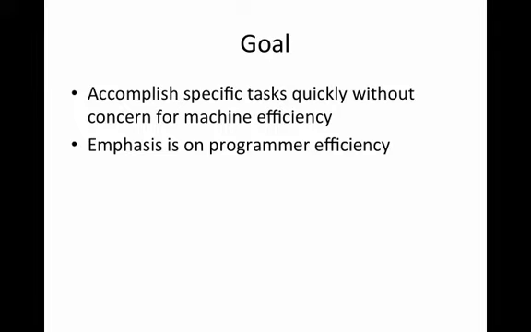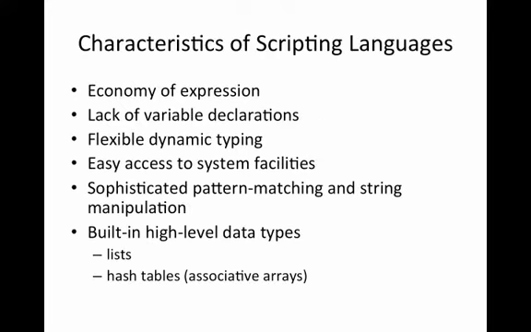JavaScript was designed as a client-side scripting language for interacting with the browser. Tcl/Tk, not so often used anymore, was originally designed to be used with VLSI design tools. So scripting languages often are designed with a specific niche market in mind.